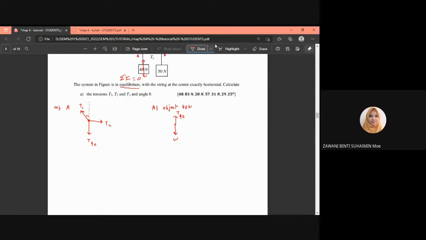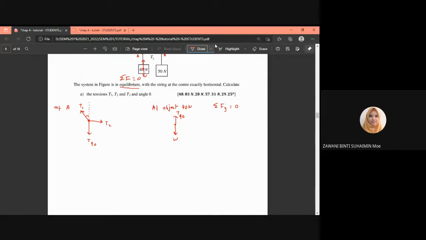Okay, so first, apa yang kita dah tahu sekarang ni adalah weight, betul tak? Dia dah bagi 40 Newton. Maksudnya untuk objek 40 Newton tu kita dah boleh gunakan summation of Fy is equal to 0, because our free body diagram showing that all forces acting on the 40 Newton object are only in y direction. So we don't have to susah-susah buang masa kira Fx.